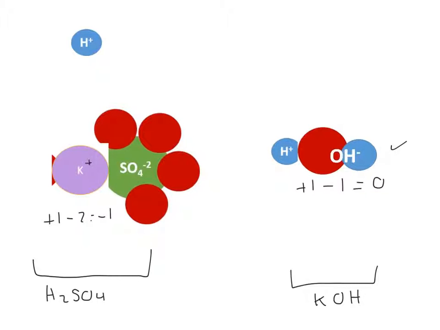Uh-oh. Problem. We are missing one more positive ion to counteract the negative ion. And if we look right here, we're also missing a hydroxyl group, because the name of the game is that we want all of the molecules that we make to equal 0.